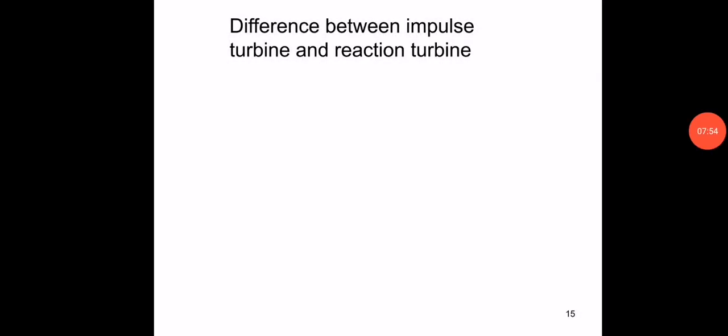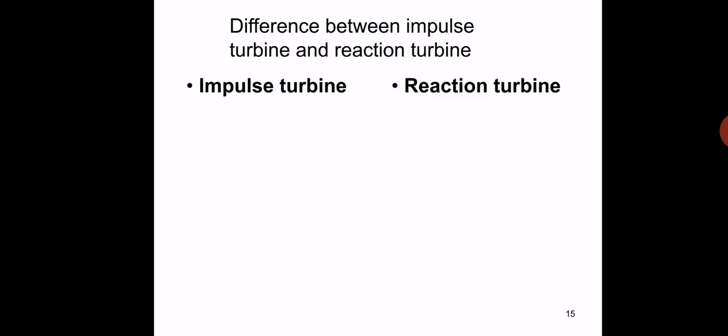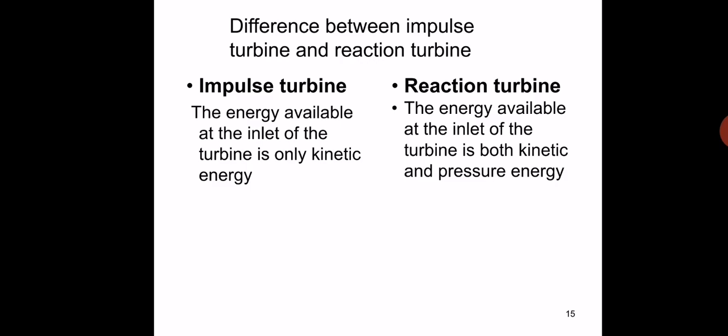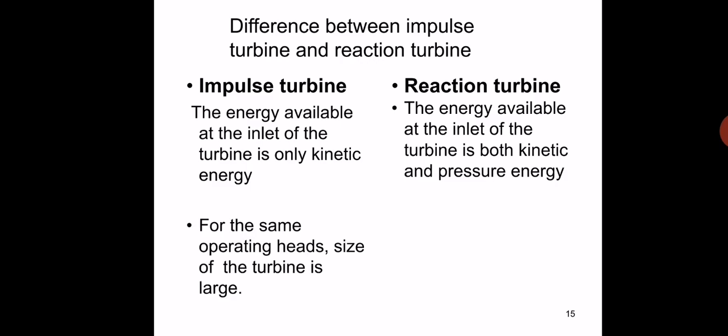Let's go to the differences between the impulse turbine and the reaction turbines. In the impulse turbine, at the inlet it has only kinetic energy, whereas in reaction turbines, at the inlet of the turbine it has kinetic energy as well as pressure energy.